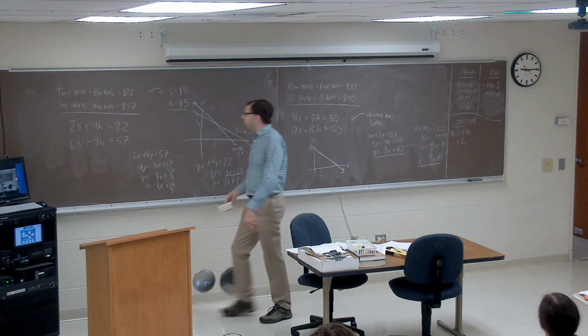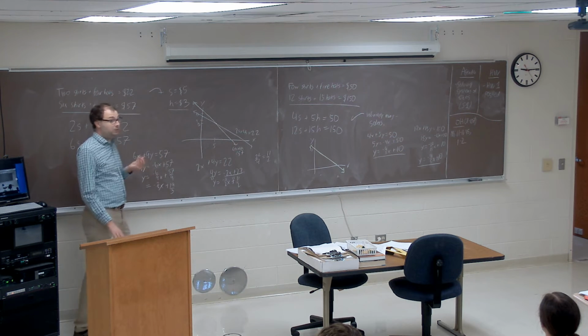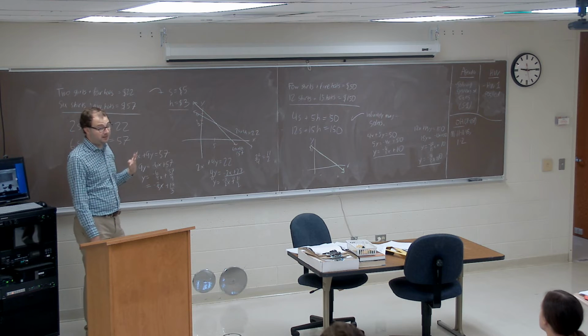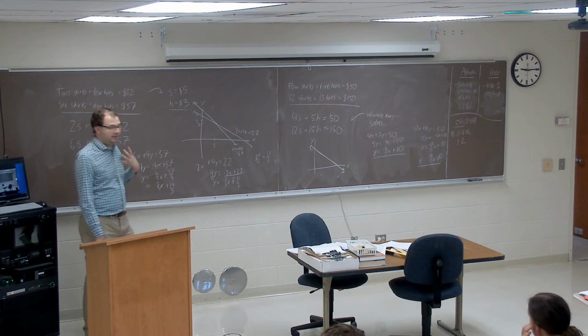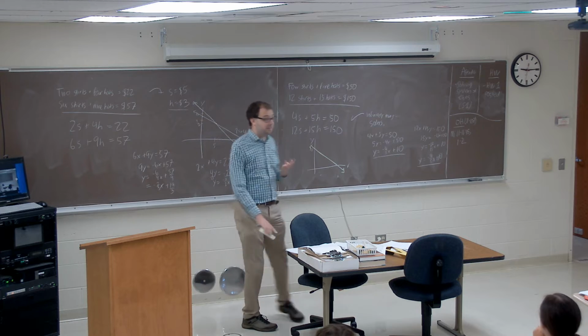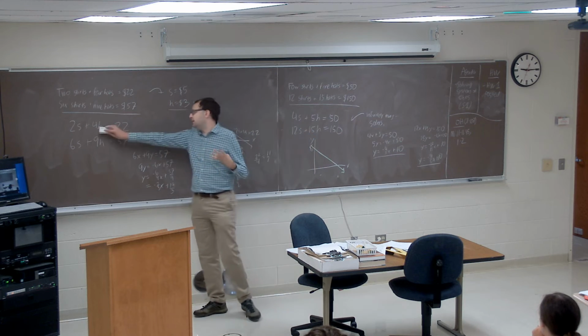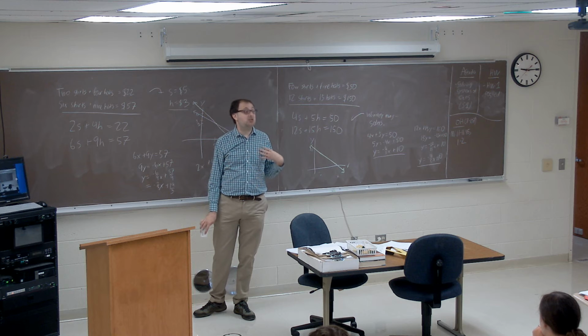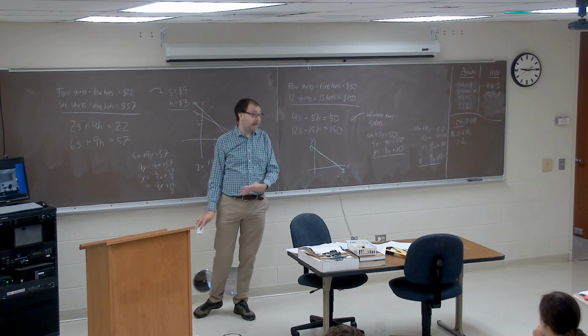And the way we're going to be focusing on this, if you recall last time we solved this system of equations in a couple different ways. I think there's at least one group that used substitution, solved one of these for h in terms of s, plugged that into the other equation, and used that to solve for s and then for h.